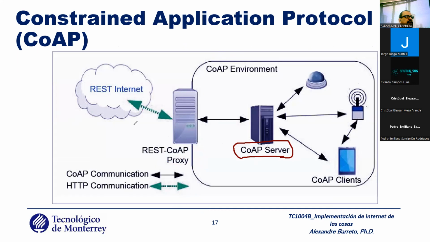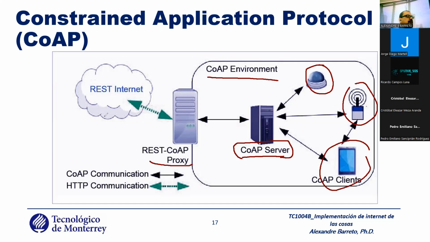To be on the internet, you need one proxy that translates the CoAP message to HTTP. What does it mean? If you have a CoAP environment, you have a server and the clients, client 1, client 2, client 3, that use CoAP messages to send messages to the CoAP server.